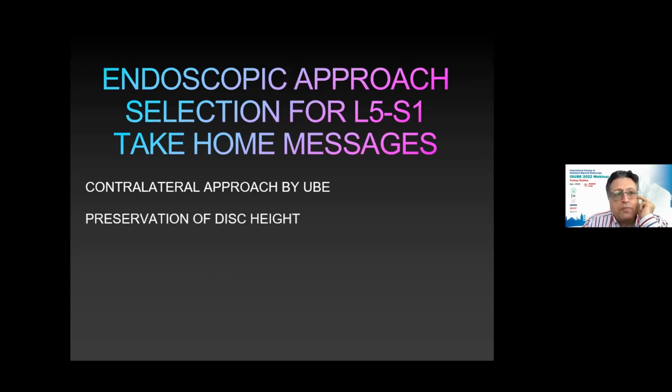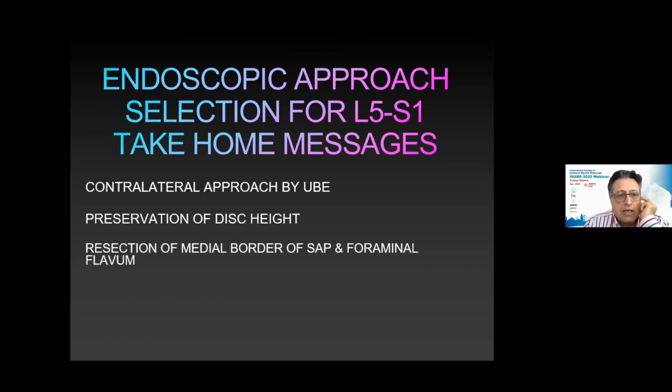I'm trying to preserve the disc height, so I don't make unnecessary disc resection, especially if I don't have to use a fusion surgery. I am trying to resect, and generally it's necessary, the medial border of the SAP and the foraminal extension of the ligamentum flavum.